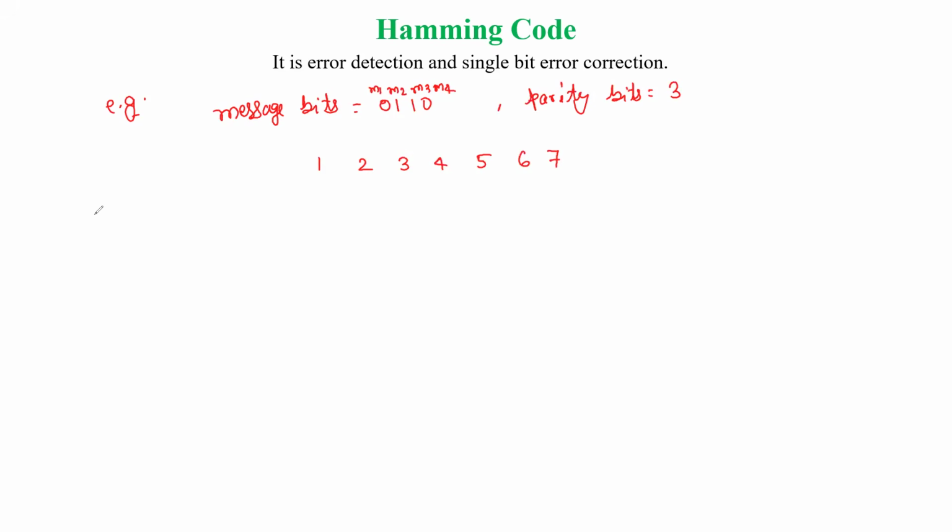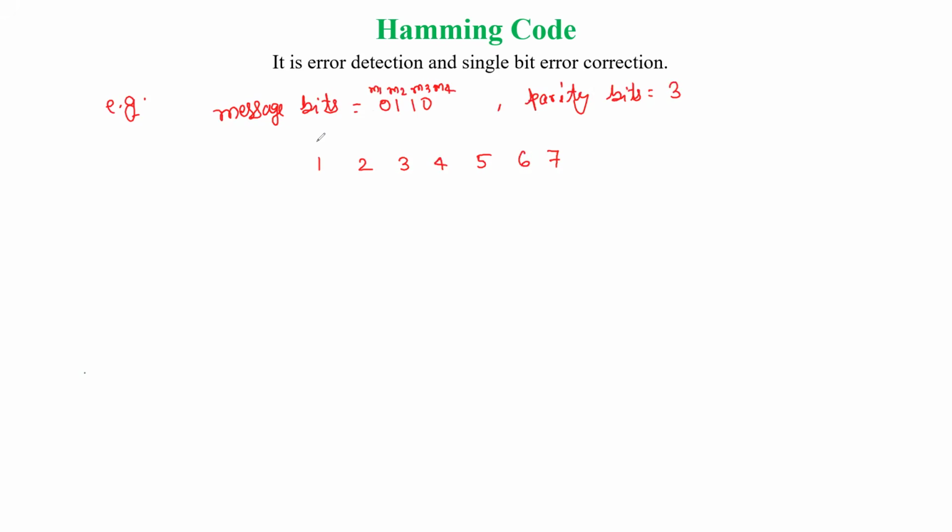Here I am writing positions from left to right. You can consider right to left also, and the remaining discussion will depend on which you choose. Here I am counting from left to right.